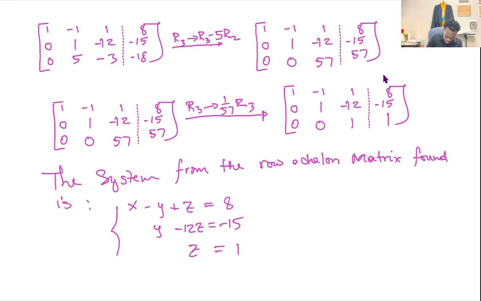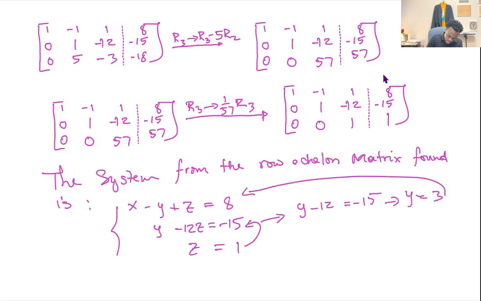Obviously, that's z equals 1. You got the z, and from that, we can get z into this. So that gives me y minus 12 equals negative 15. So y equals 3. And then y and z into this.